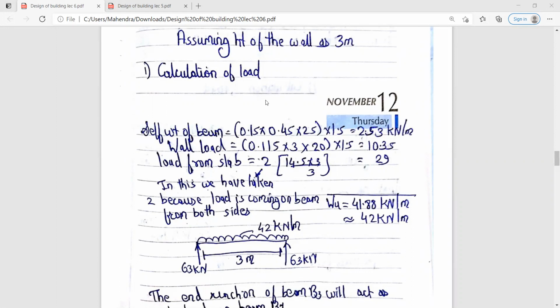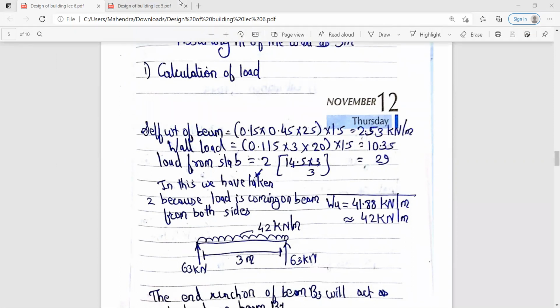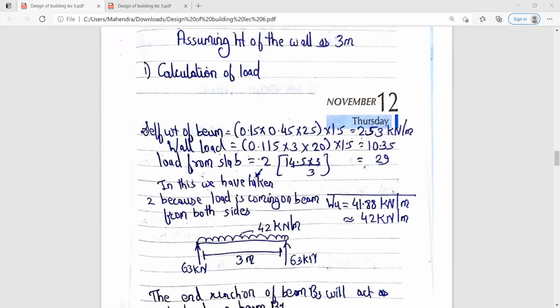That is approximately equal to 42 kilonewton per meter. Now your total span is 3 meter, and the Wu you had calculated is 42 kilonewton per meter. From that you can calculate the reactions, that is 63 kilonewton and 63 kilonewton.